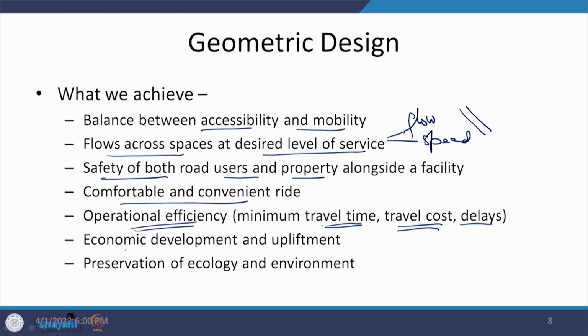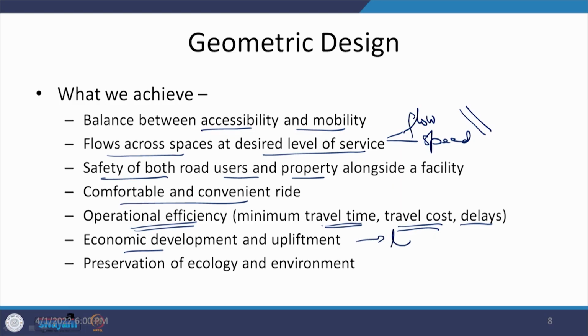But when we provide this facility, you must have observed one thing: as soon as a road comes up, the economic development starts taking place all around that road. Or a road reaches a particular area which was not accessible before, you will find that development starts taking place at that location. There will be a lot of construction activities going on, or different types of land uses going on.